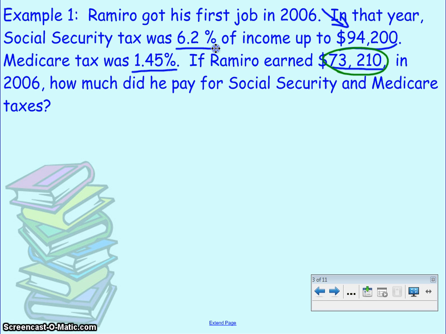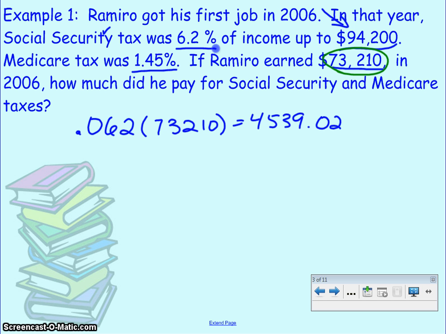But we do know that 6.2% written as a decimal is 0.062, and we're going to multiply that by Ramiro's income for the year, which is the $73,210. And when we do that, we get $4,539.02.